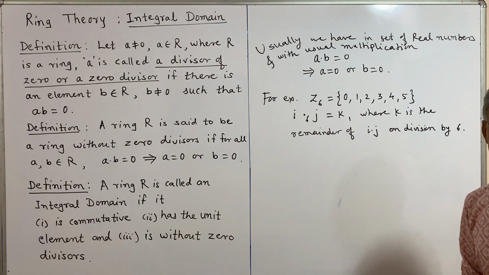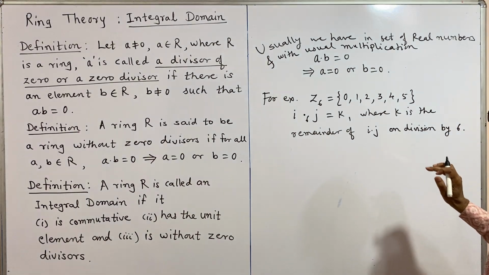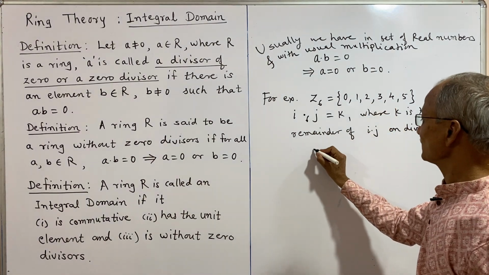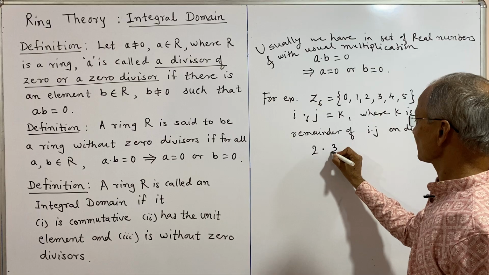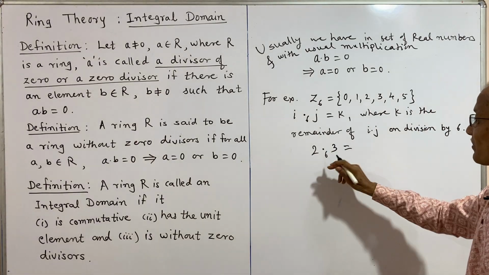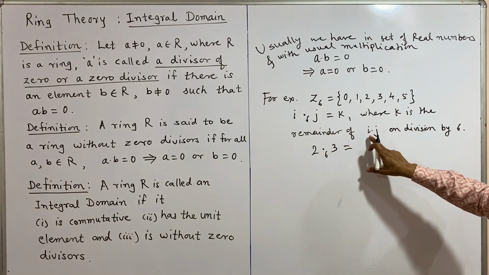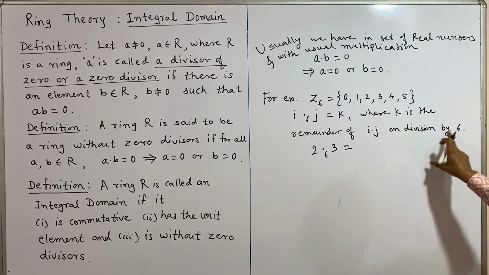And now we may see here there are divisors of 0, because if you consider the product of 2 and 3 under modulo 6, then you see the result. This is k, where k is the remainder of this usual product on division by 6.